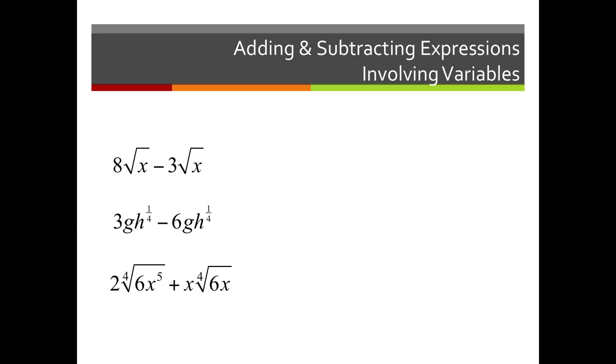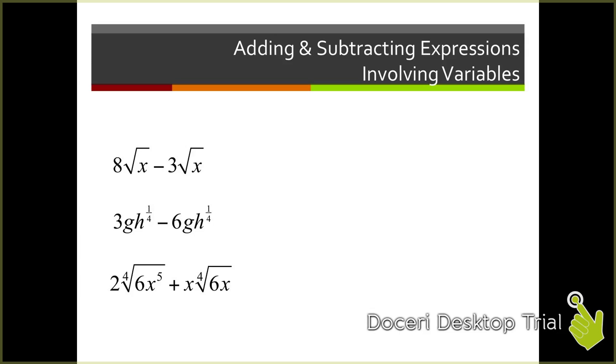What I mean by that is, in this first example, we have 8 square root of x minus 3 square root of x. That square root of x is a match in both of these. And so again, we can think of it like a common factor, and we can take the 8 minus the 3, and say that this is going to be 5 square root of x.